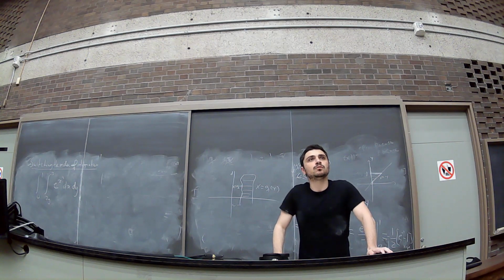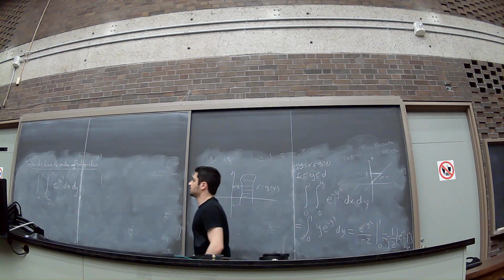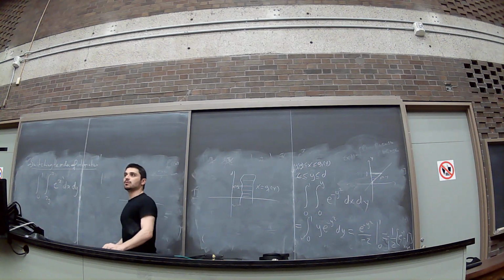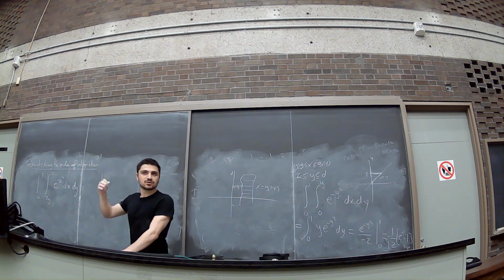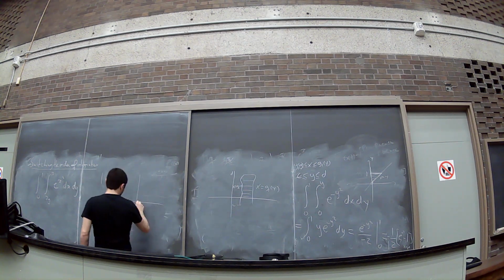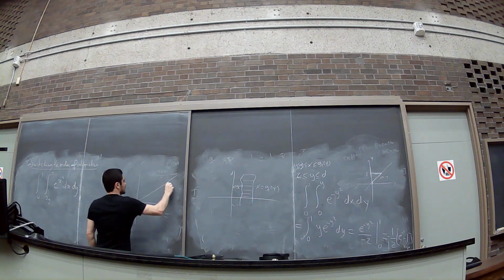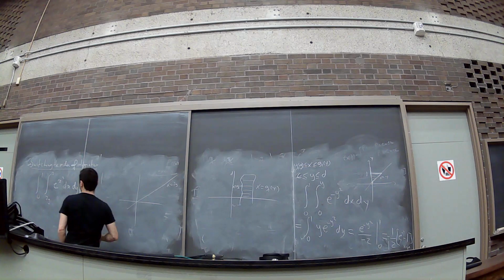We sketched the region of integration. How do you sketch the region of integration? You have to draw the line x equals 3y. What is the line x equals 3y? So y is equal to x over 3, right? x equals 3y is y equals 1 over 3 x. So it's here. This is the line x equals 3y.